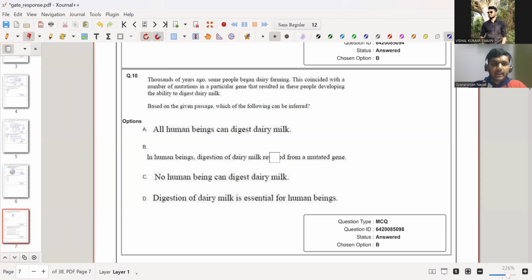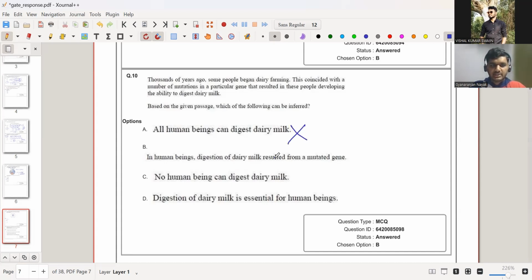Thousands of years ago, some people began dairy farming. This coincided with a number of mutations in a particular gene that resulted in these people developing the ability to digest dairy milk. Based on the given passage, which of the following can be inferred? Option A, all human beings can digest dairy milk, is not a valid conclusion, as the passage did not imply that all humans are capable of digesting dairy milk.